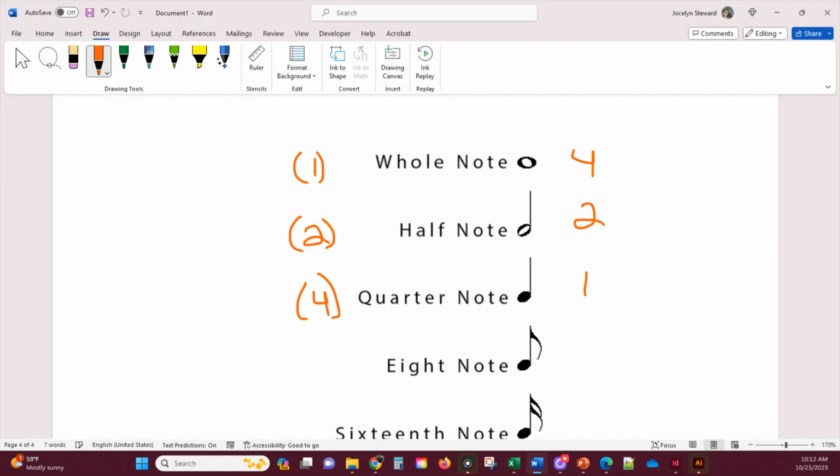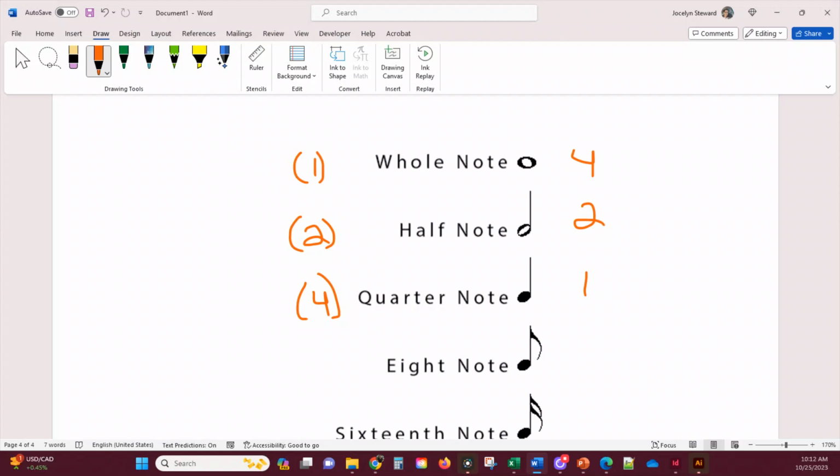So let's just do 3 measures where I'm going to hold out 1 whole note, hold out 2 half notes, and then hold out 4 quarter notes. So it would be 1, 2, 3, 4. 1, 2, 1, 2, 1, 2, 3, 4.